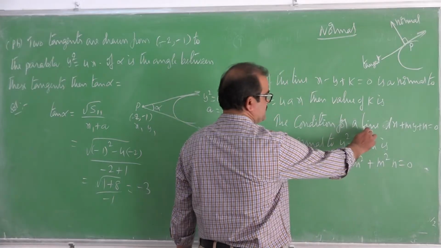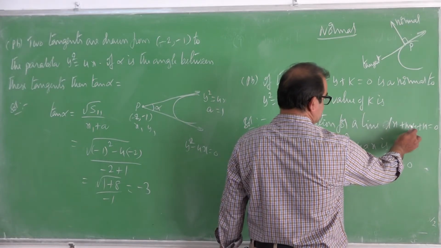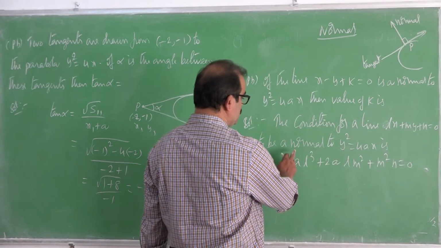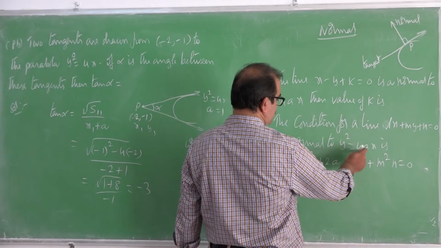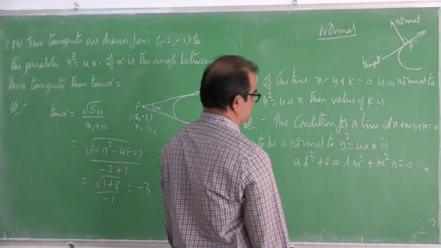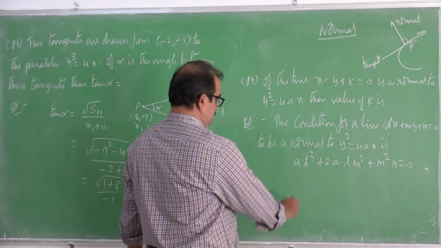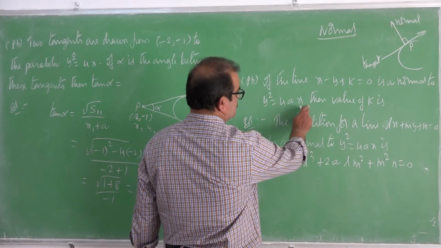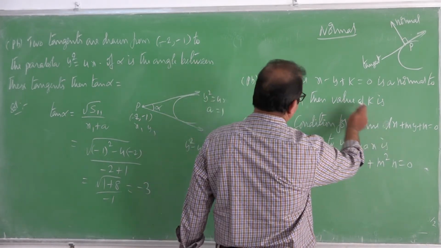This is the condition for any line lx plus my plus n is equal to 0 to be normal to the parabola y square is equal to 4ax. Now we apply this formula to this problem. On comparing, what is the l value?